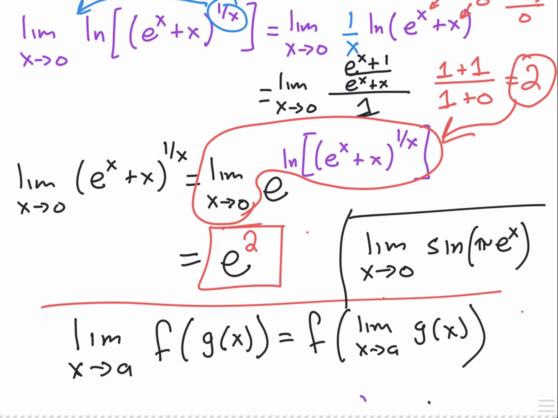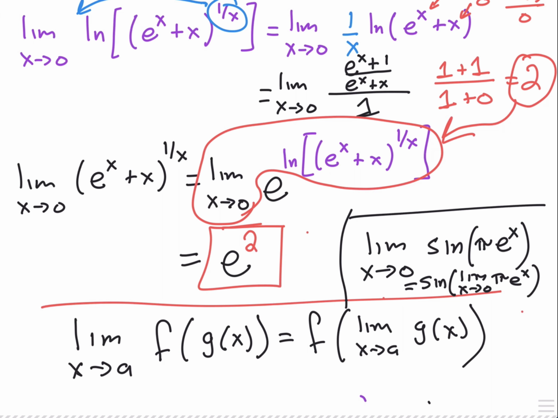That's our quick way to do it, but really what you're doing is using this limit law. You're saying, evaluate the limit of the inside, and then whatever number you get from that, plug it in, right? Isn't that what we always do? We don't write it out this way, but this is really what we're doing, because the reason we plug in the number is that we're evaluating the limit that way.